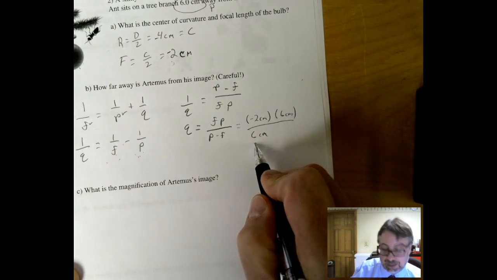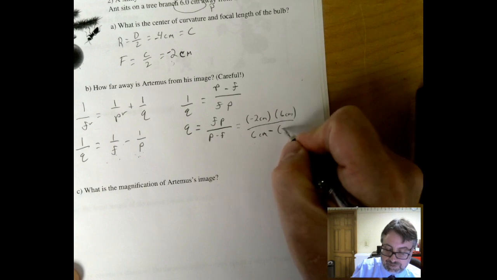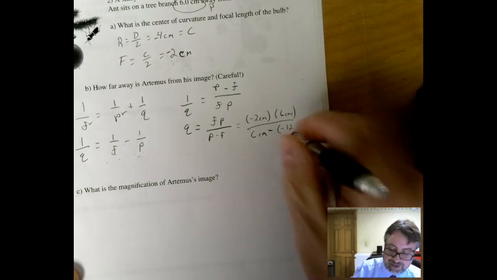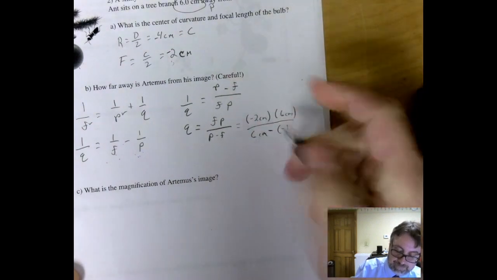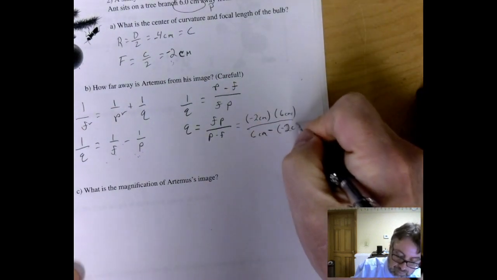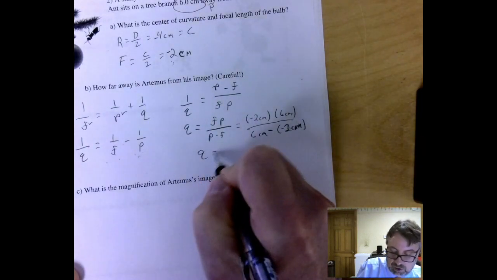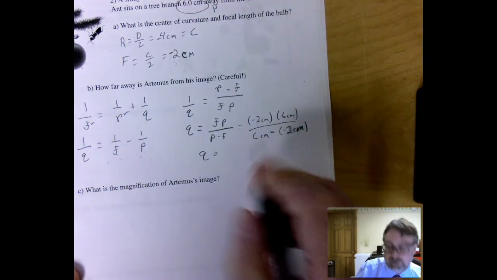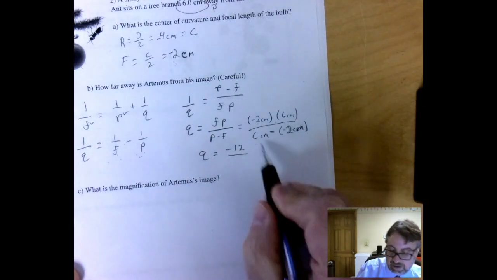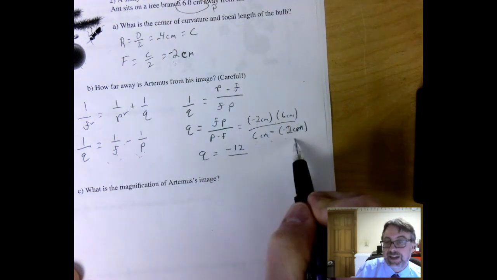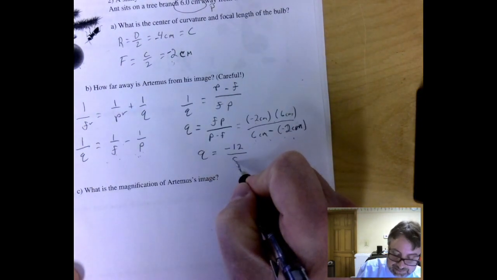It's a real object. But here's where I have to be careful. I have minus the focal point, so I have minus 2 on the bottom. So Q would be equal to, well, minus 2 times 6 is minus 12 on top. On the bottom, I have 6 minus minus 2. 6 minus minus 2 is going to give me positive 8.